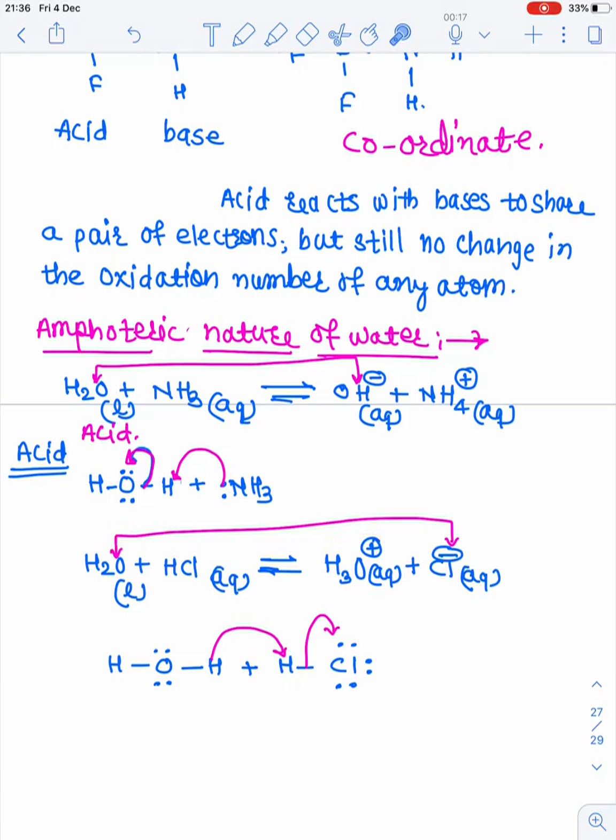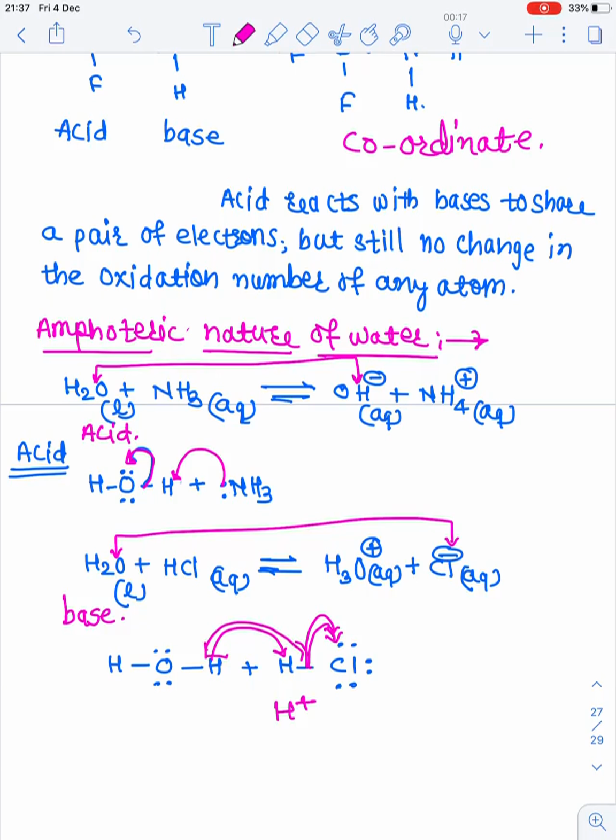Then according to the Lowry-Bronsted concept, the substance that accepts a H proton or H positive ion acts as a base. Therefore in this reaction the water molecule acts as a base. Here we have seen that in HCl, chlorine is more electronegative, therefore the H positive ion will be produced like this, and this H positive ion is accepted by the water molecule.